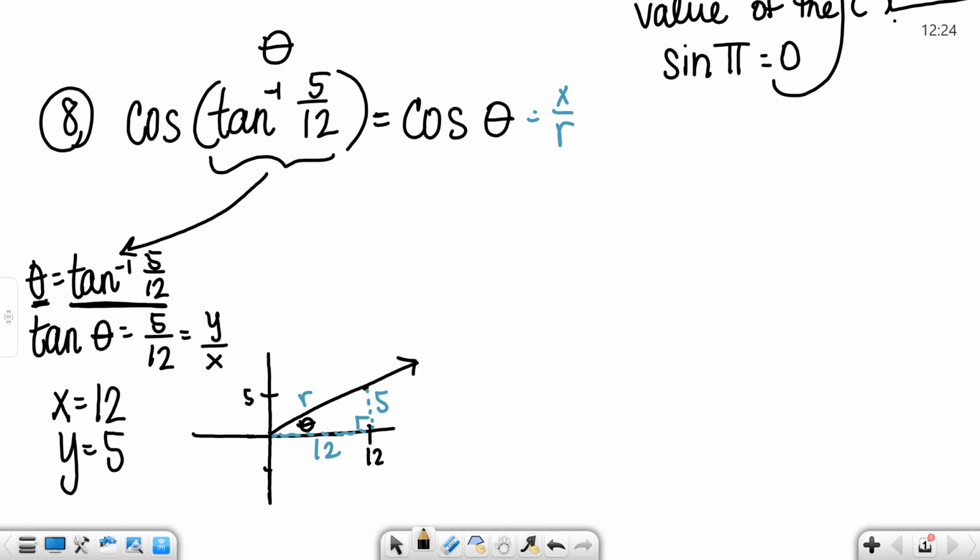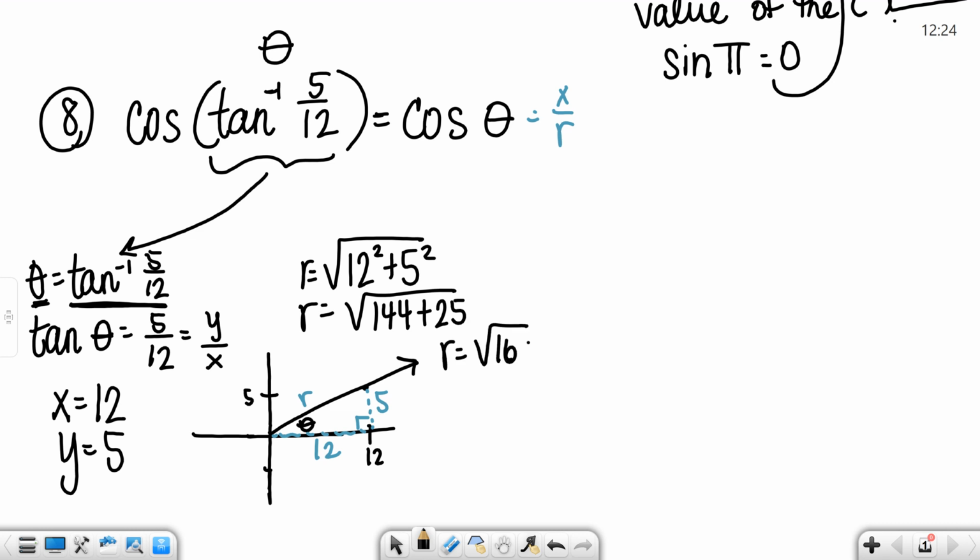So let's just find the r value. Remember, we have a formula for r. R is the square root of x squared plus y squared. So r is the square root of 144 plus 25, which is the square root of 169, which is 13.